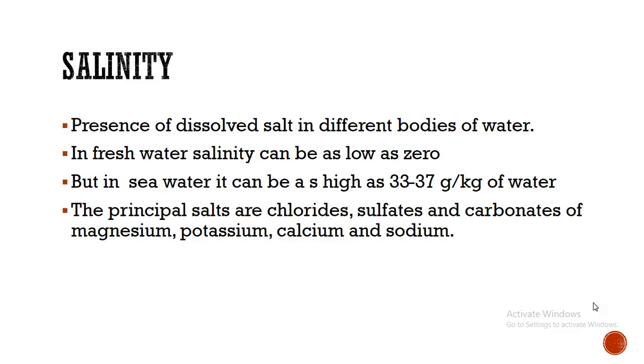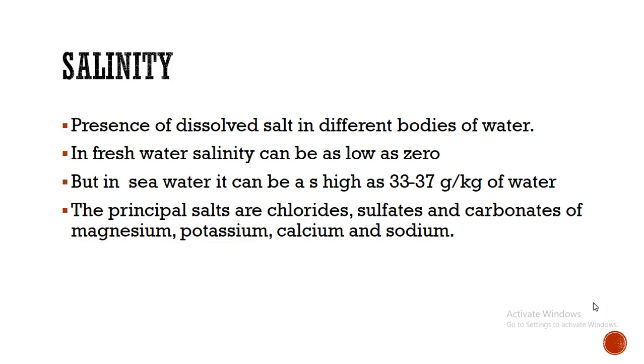Then we have salinity. Salinity is the presence of dissolved salts in different bodies of water, and the degree of salinity in natural water ranges from nearly zero in fresh water to saturation in salt lakes and especially the marine environment.